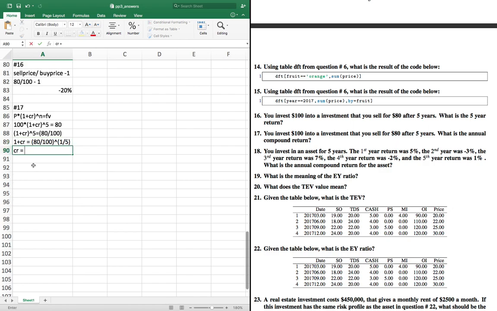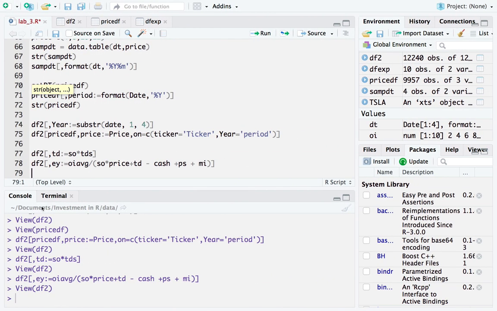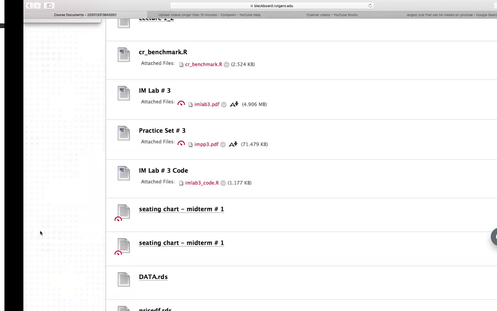Let me just cheat a little bit. Boom. Get rid of that 1 there. And I have my formula for my compound return. I'm going to go ahead and jump on my R just to do it. I believe it's 80 divided by 100.